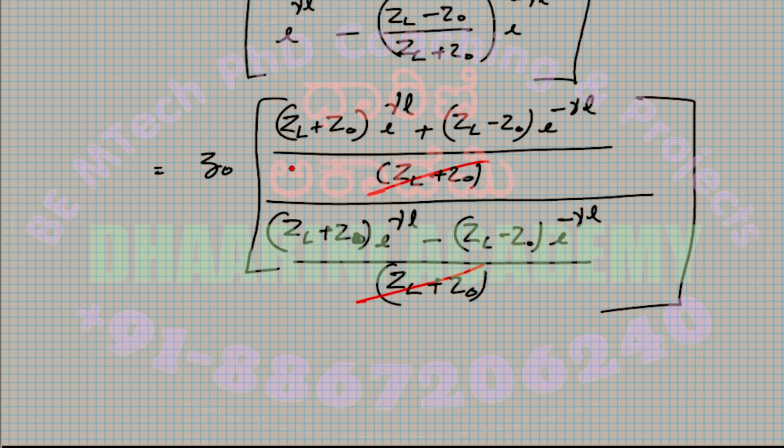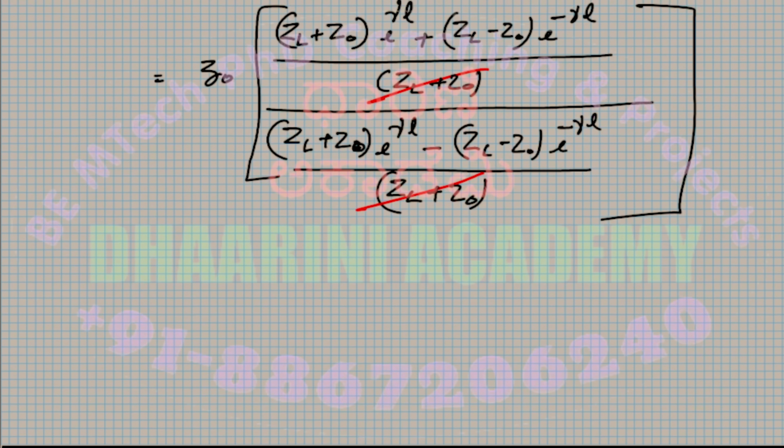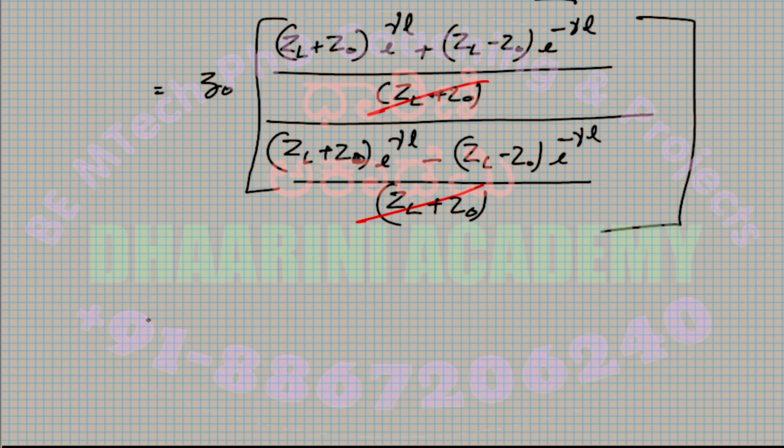Okay, now I further try to simplify by taking the terms containing ZL together and terms containing the Z naught together in my equation. So this is equal to, let's have the Z naught as it is. So in the numerator, I can note that there is a Z naught into this, Z naught into this, Z naught into this, Z naught into this.